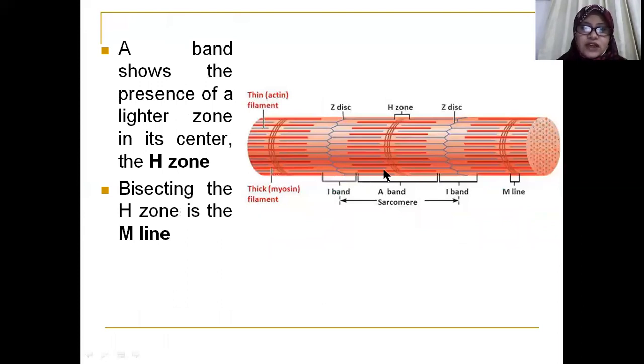The A-band shows the presence of a lighter zone in its center known as the H-zone, and this H-zone is bisected by a line known as the M-line.